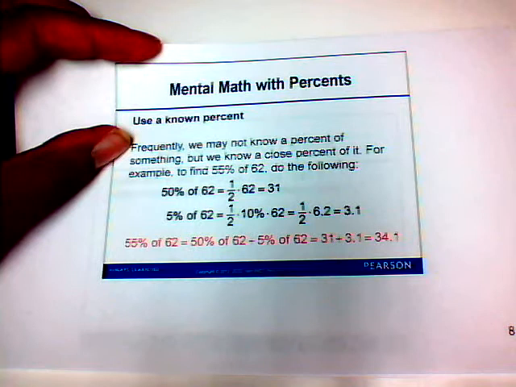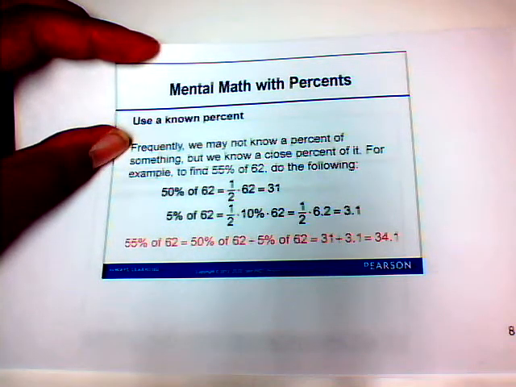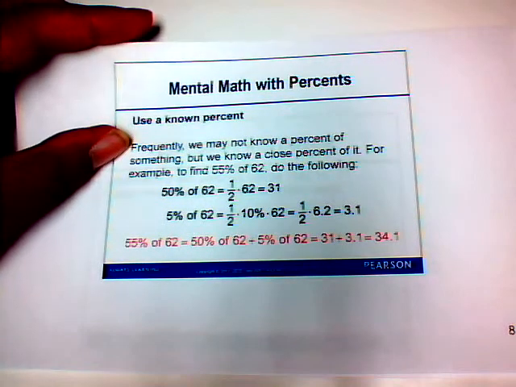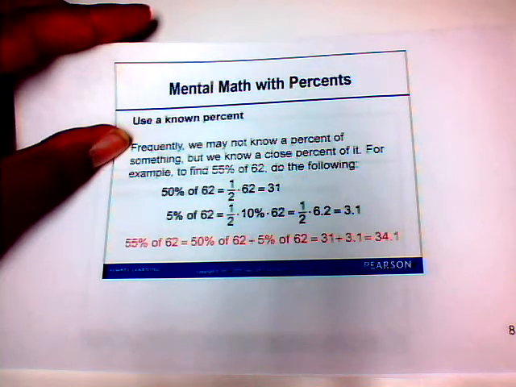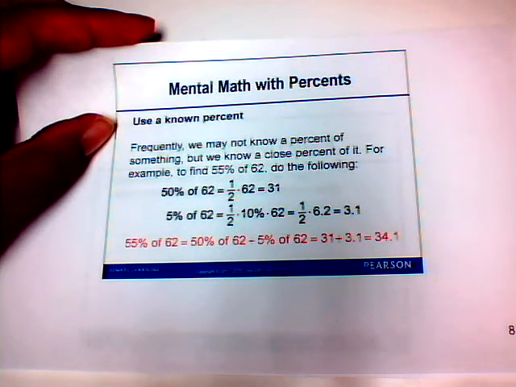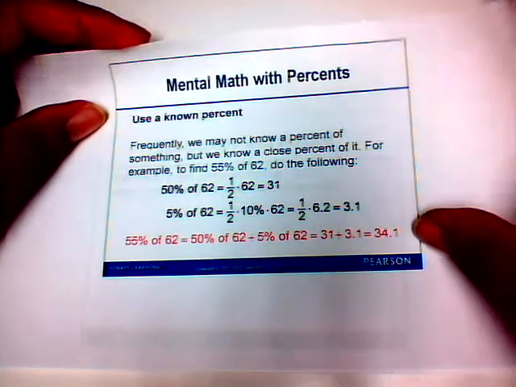Now, 10% will be 0.10 times 62, which will be 6.2. Half of 6.2 will be 3.1. Now add the 3.1 to the 31, you're going to get 34.1. So using mental mathematics, we can find 55% of 62 in this particular situation.